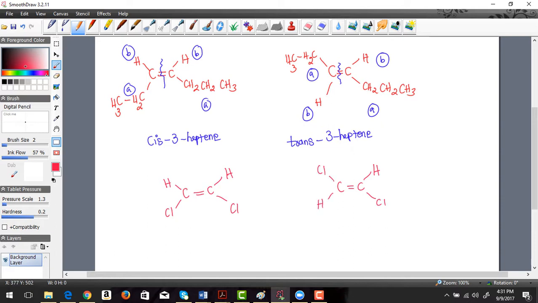Again, there's only two kinds of substituents. They are just around in here. Chlorine is a bigger molecule. If you go to the periodic table, you see chlorine is a bigger atom. So Cl, it's not carbon L, it's Cl. So this is A, this is B, this is A, this is B. Only A and B are opposite, but A and A are right next to, adjacent to each other.